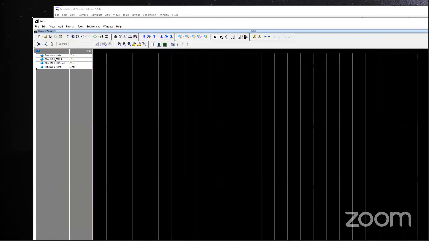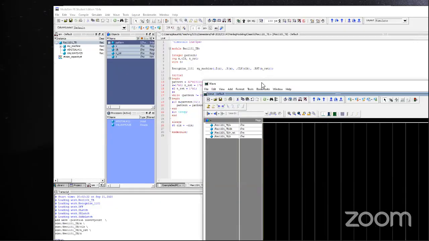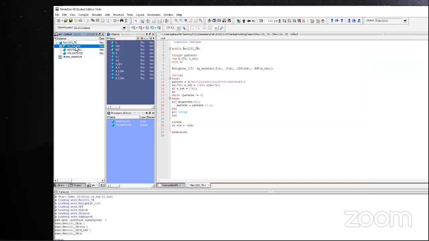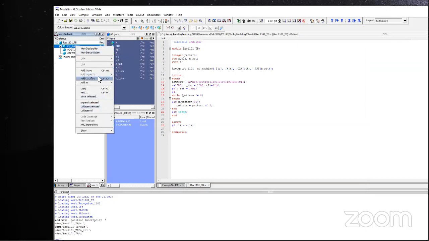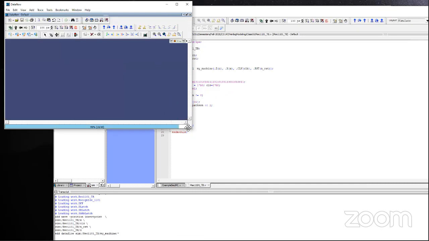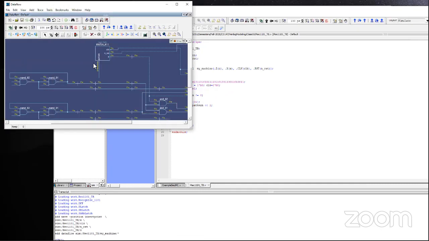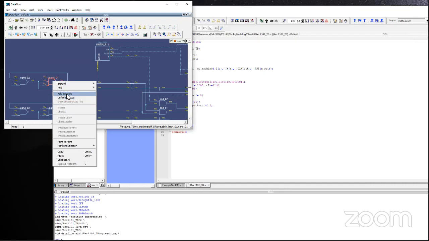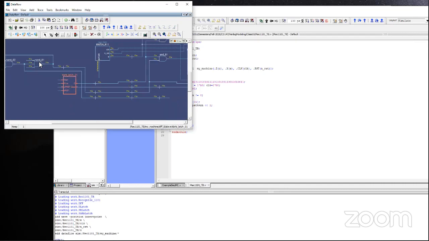Okay. Maybe put this one on the data flow, crossing my fingers it doesn't crash. Okay, let's just fold everything.